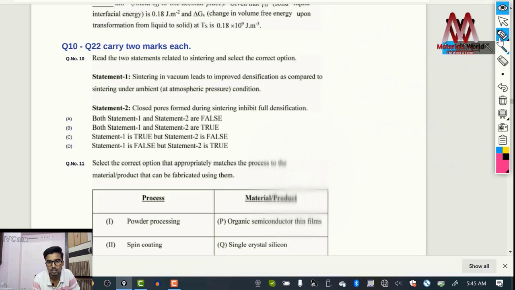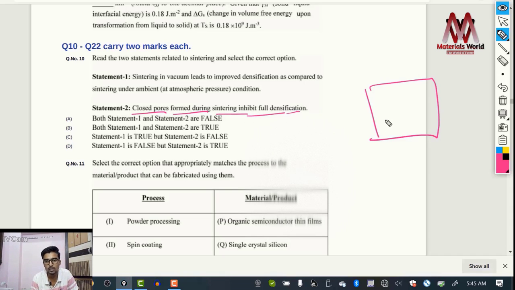Another statement is that closed pores formed during sintering inhibit full densification. If you have a compacted sintered sample and some pores are trapped inside it, it generally inhibits full densification, meaning the density with pores is lower than the density of a sample without pores.